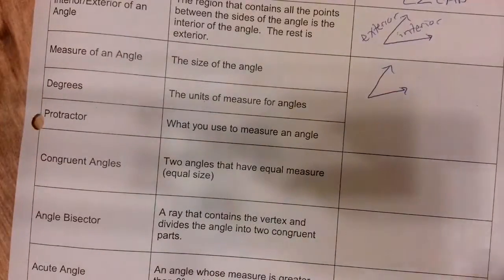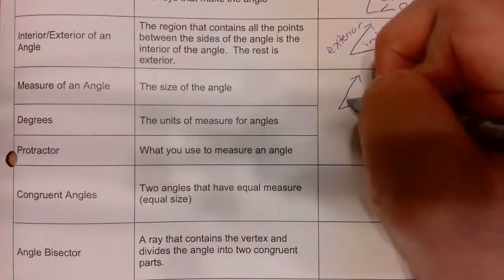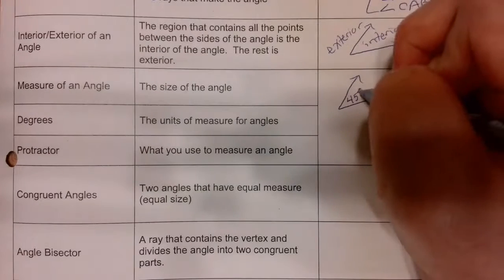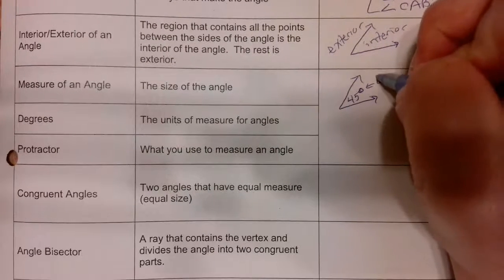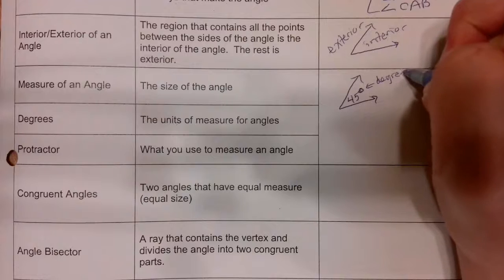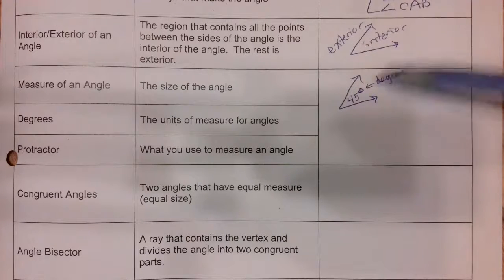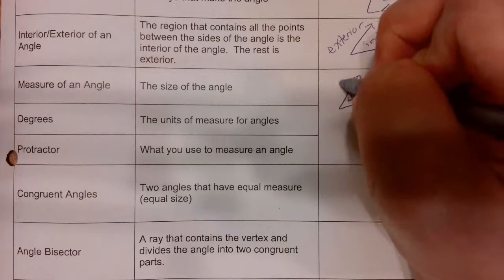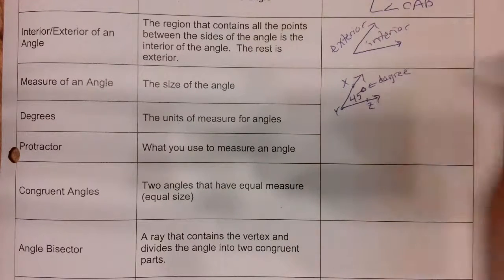So we measure it with something called degrees, and maybe this is a 45-degree angle. That little symbol right there is the degree symbol. It's a little circle, a superscript, a tiny little circle higher than everything else. So let's say this was angle XYZ.